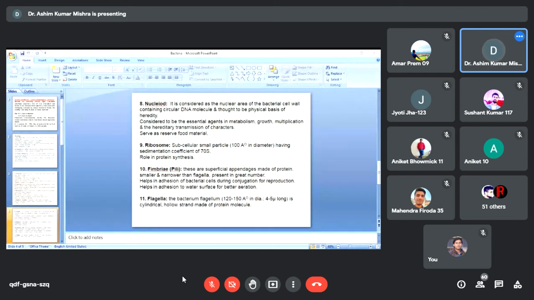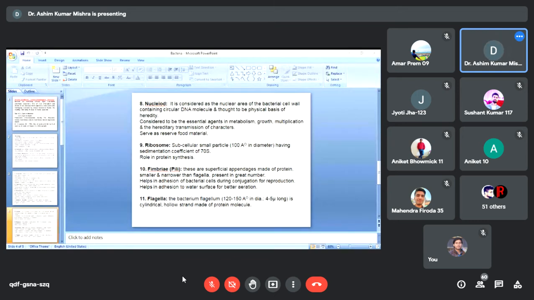Sometimes, in the specific staining done for flagella, one may get confused with the pili. But these are smaller and narrower than the flagella. They are present in great number. They help in adhesion of bacterial cells during conjugation.